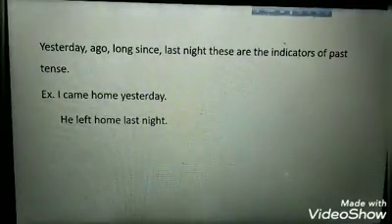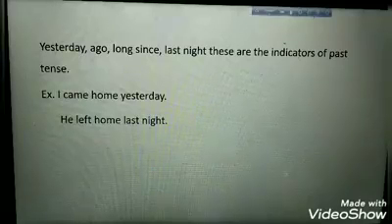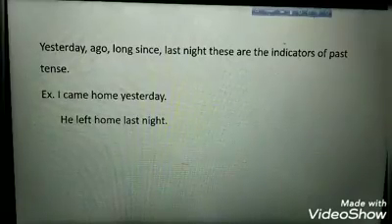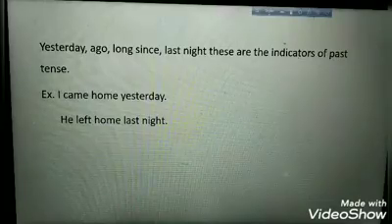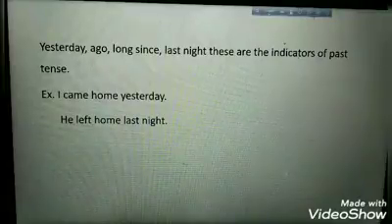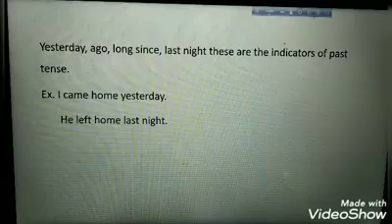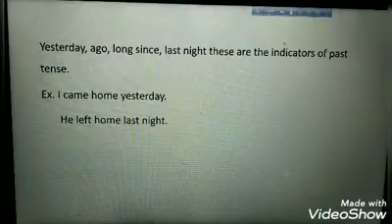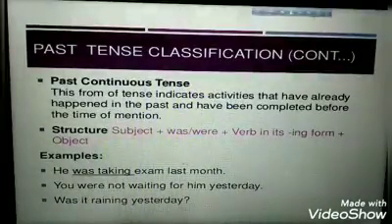There are some indicators of simple past tense. These are yesterday, ago, long since, last night. These are the indicators of past indefinite tense. Okay. I came home yesterday. He left home last night. So the verb will be past form.